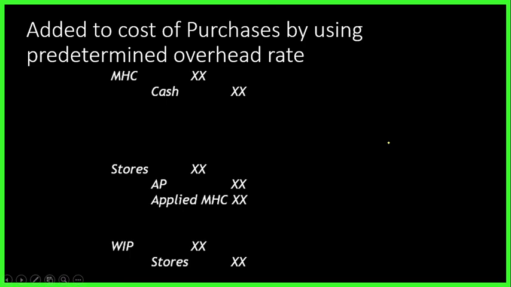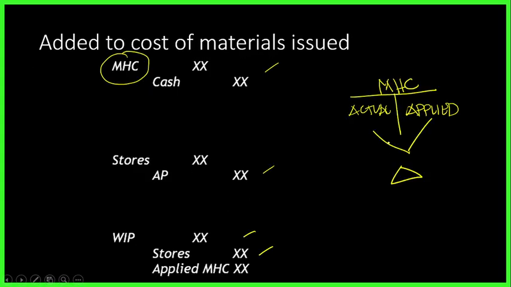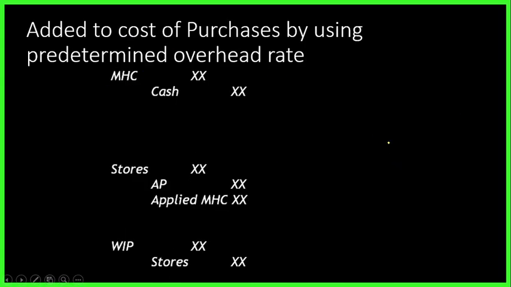Now, what if they are added to the cost of the materials when they are purchased? They have the same entry when they are incurred: debit materials handling cost and credit cash. Now, they are added to the cost when materials are purchased, so when you record the purchase, you apply immediately the materials handling cost.